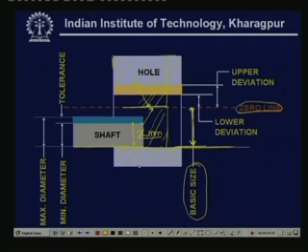Now, you understand just after looking at this drawing that if we make both the hole and the shaft exactly the basic size, then it would pose difficulty in putting the two meeting objects together in this manner. The reason is that you will always have some inaccuracies while manufacturing.